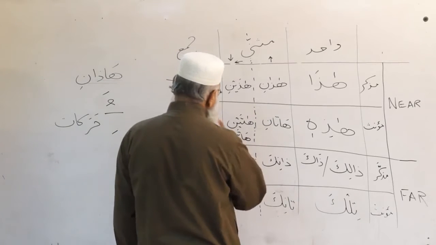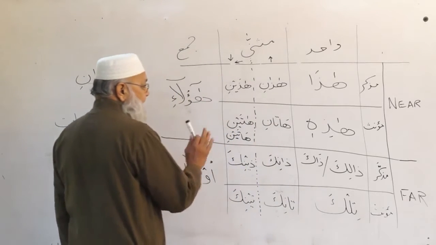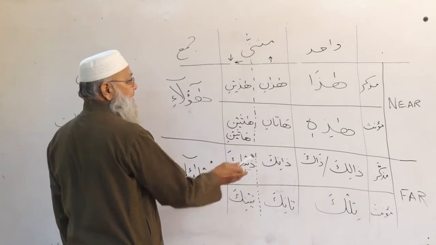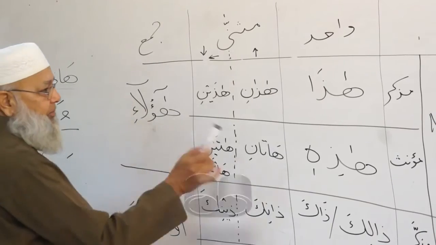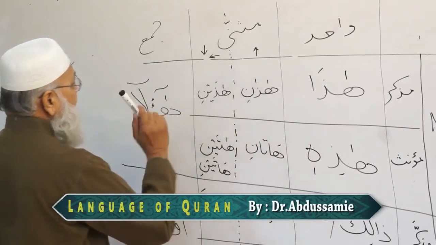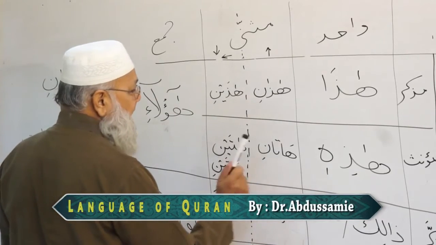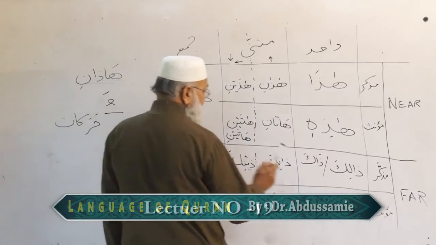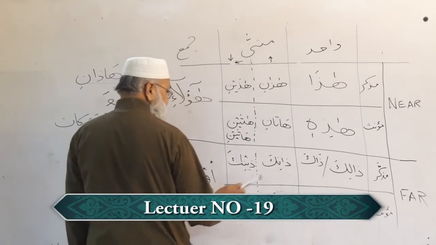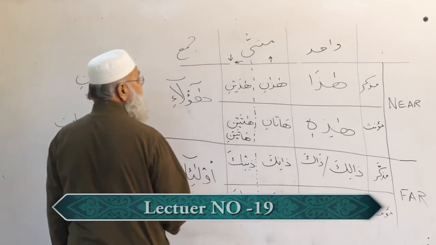First you just listen to me two or three times, and then start following me when I am reciting. Hada, hadani, haulai, hadihi, hatani, haulai, zalika, dhanika, ulaika, tilka, tanika, ulaika.